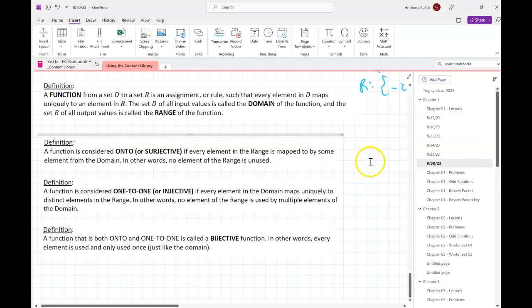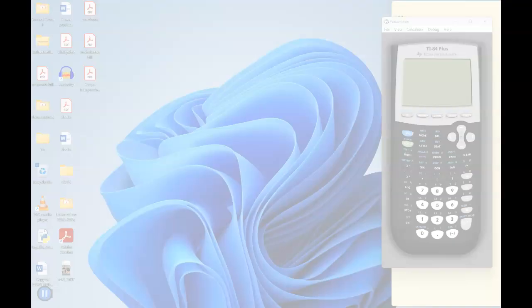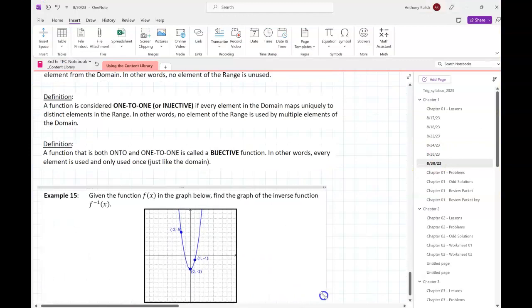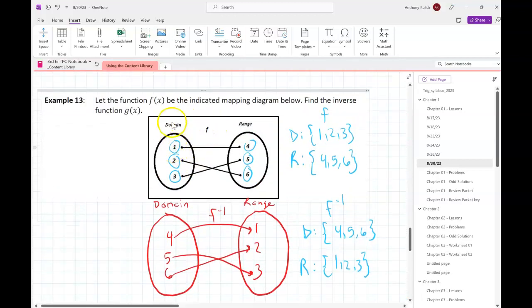So let's take a look at an example here. Actually, before we do this one, let's go back. Let's look at this graph here. If I look at f, we said f was a function, right?